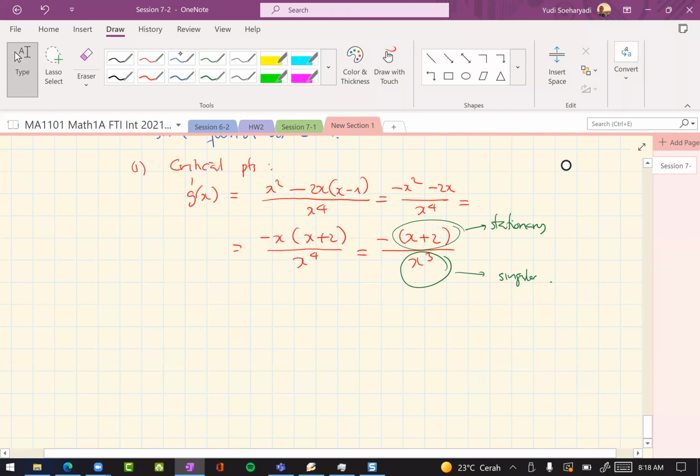All right. So like this. Stationary at x equals -2. Okay. Singular. Well, I would say from here singular is 0, but 0 is not in the domain.